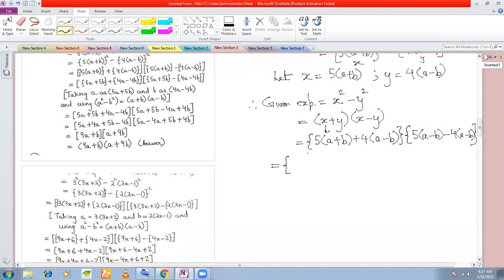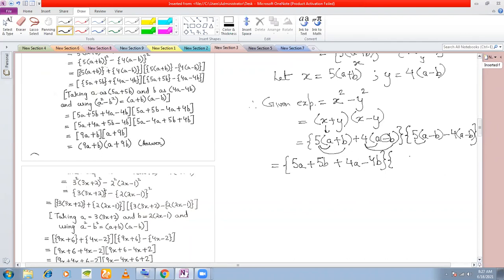Sir, I am saying that we have to write the formula by which the expression is satisfying. You don't have to write. Okay, sir. 5a plus, now if you multiply this, 5 into a plus 5 into b. 5 into b plus 4a, and you have minus 4b because there's a minus sign here, minus 4b.